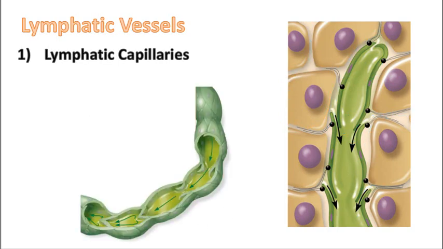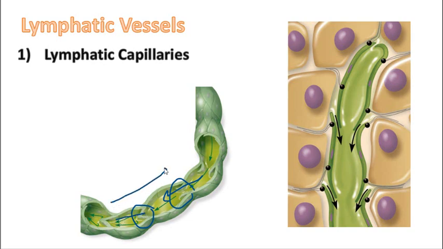The other thing you're going to notice about the lymphatic capillaries is that they have valves in the lymphatic vessels. If you look at this valve, it is open and the fluid moves in. This valve is closed, so it prevents the fluid from going back this way.